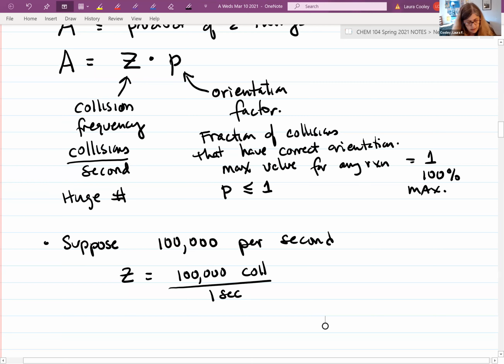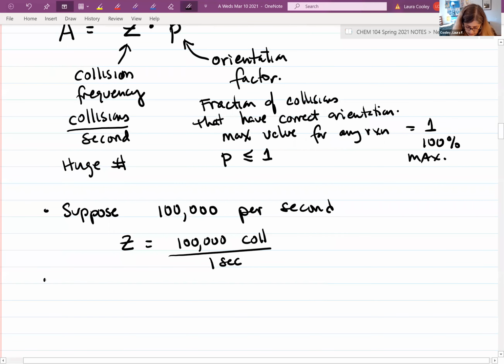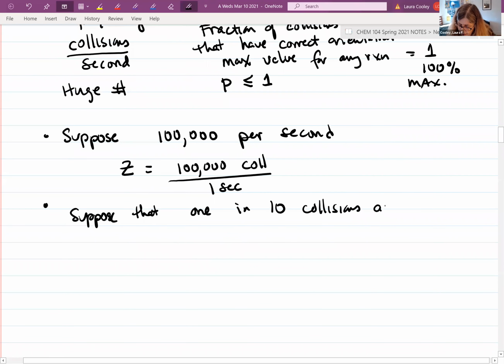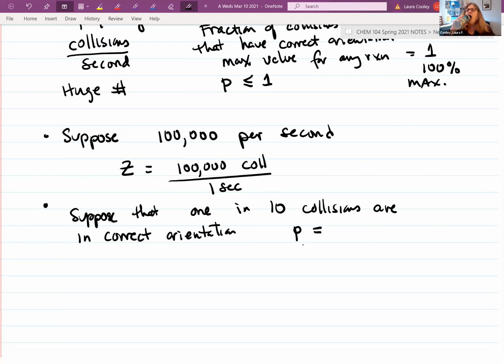And let's also suppose that 1 in 10 collisions are in the correct orientation. So what would P be? What would the orientation factor be if 1 collision in 10 is the right orientation?